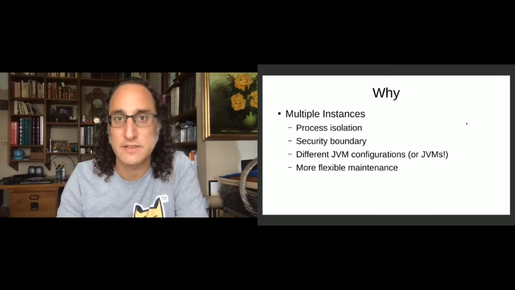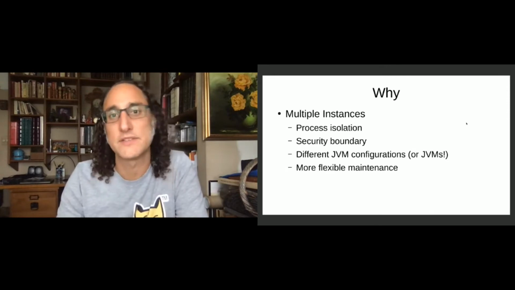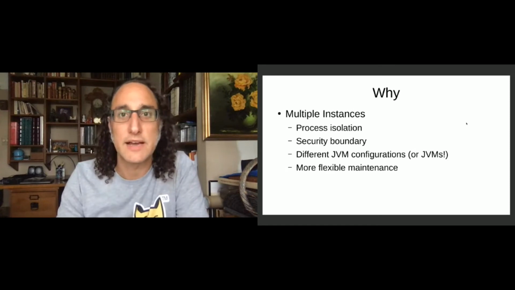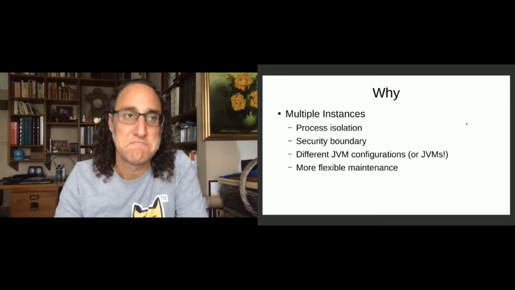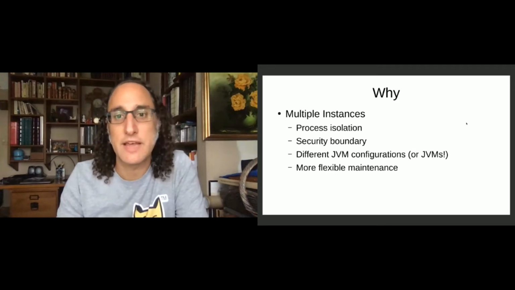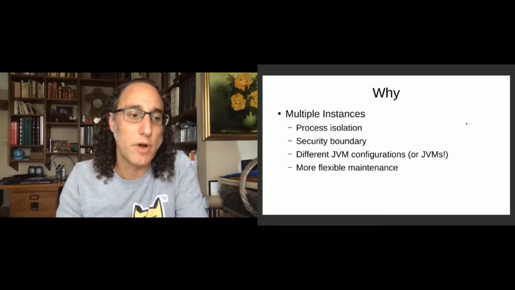You might be able to escalate your privileges and attack other processes, but you can at least have a security boundary between the two. You can also have different JVM configurations. For example, you may have an application that runs really well on Java 8, but when you run it on Java, what's out today, 15?